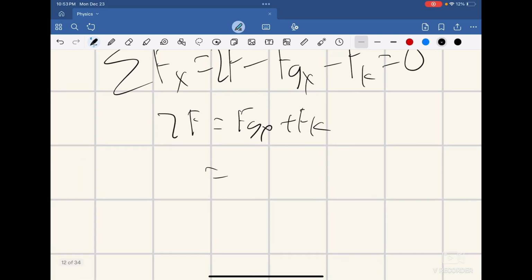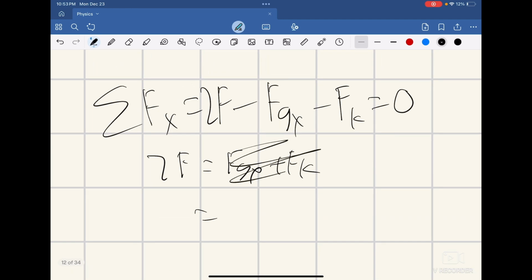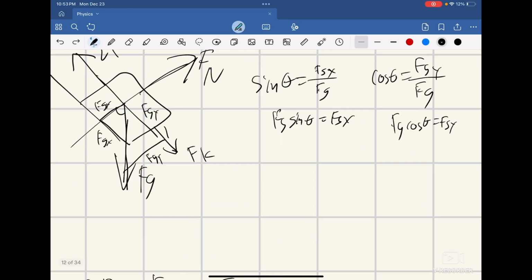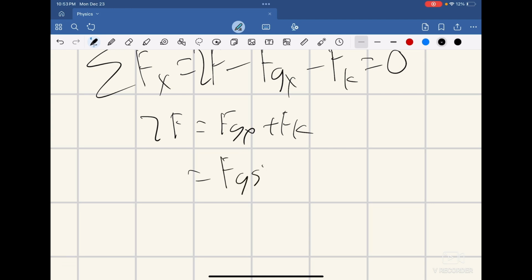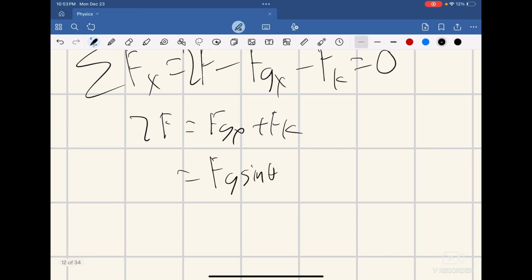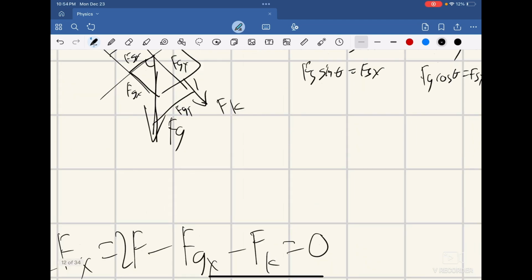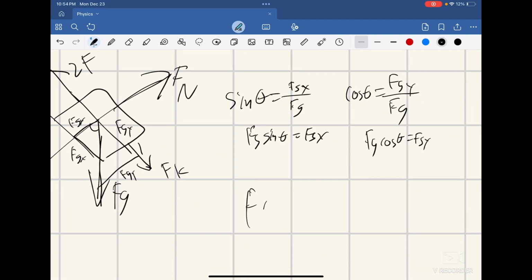Now F_gx, like we stated earlier, is F_g sine theta, and F_K is given by F_N times mu_k. F_N here is equal to F_gy.